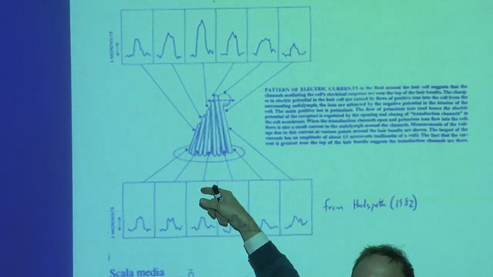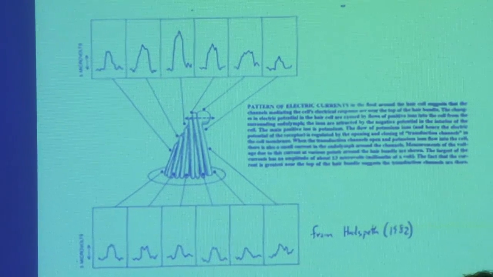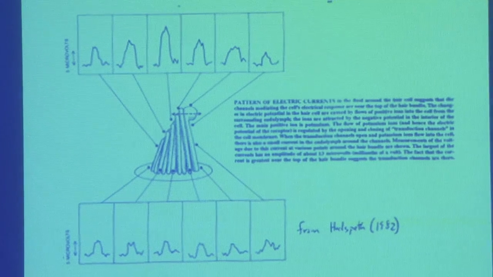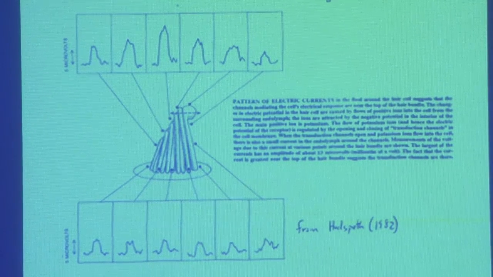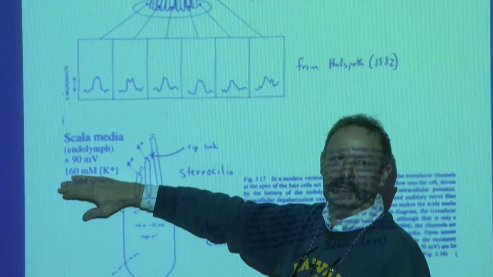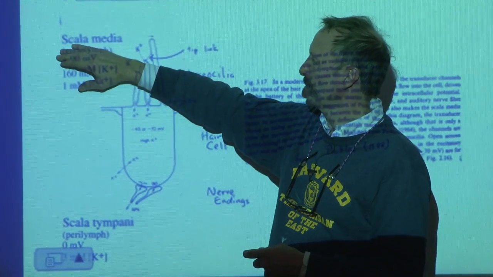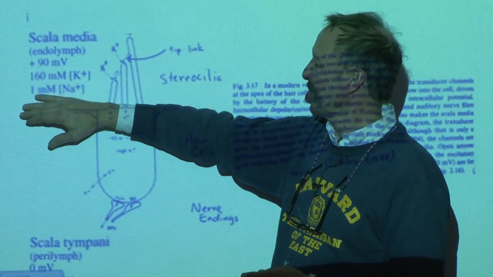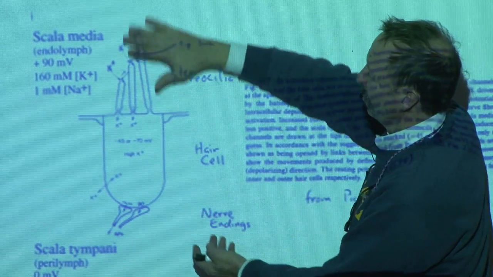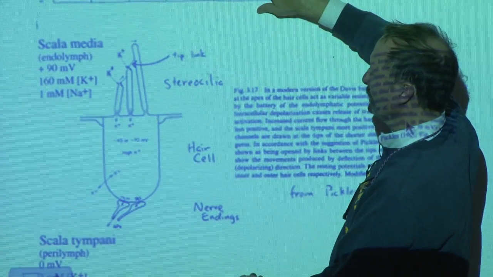So the transduction channel is the channel that responds to mechanical energy and allows ions to flow into the hair cell. That is, it opens up. And in the case of these transduction channels, it allows positive ions, mostly potassium, because there's a high concentration of potassium in the fluid of scala media. Remember, these cells are sitting in between scala tympani and scala media, so scala media is up here.